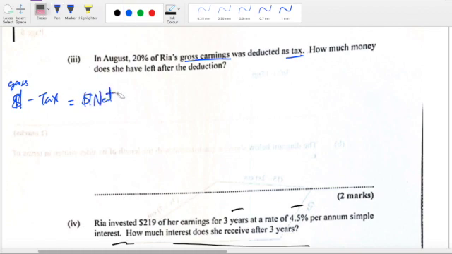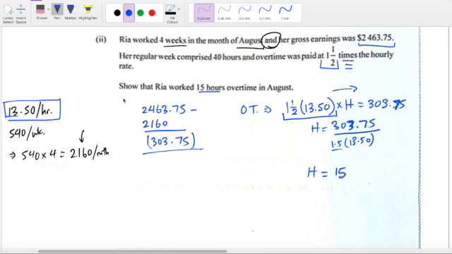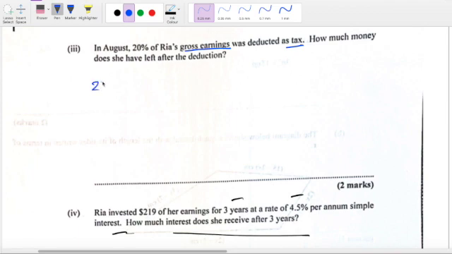Yeah. So how much money does she have left after the deduction? Well, how much money did she earn? 2463.75. And I guess we just have to find 20% of that.